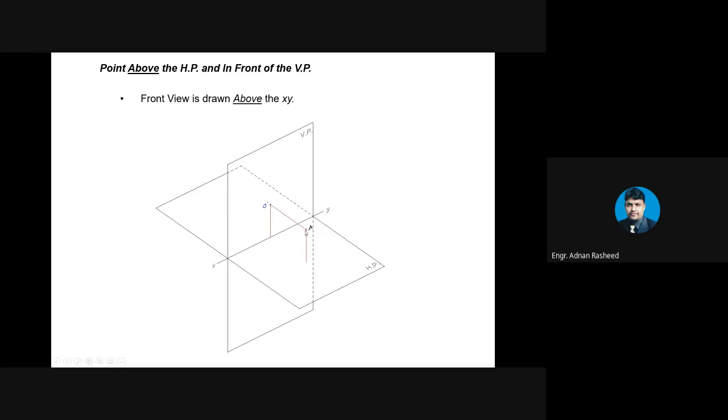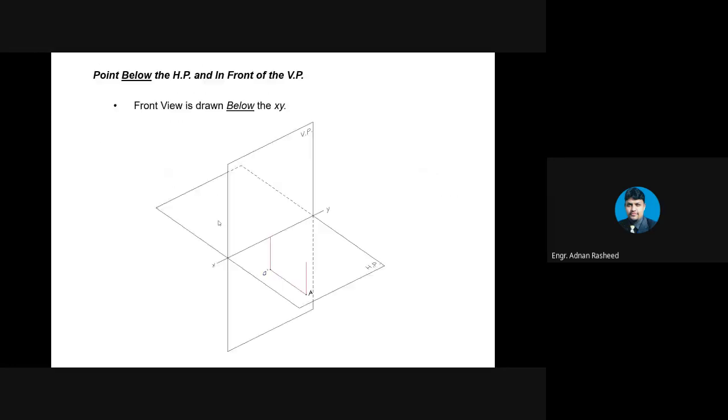So for example, if this point is 10 millimeter above the horizontal plane, in frontal view you will draw its frontal view 10 millimeter above the XY line. Similarly, if this point A is 10 millimeter below the horizontal plane, again the frontal view will be 10 millimeter below the XY line. These things will be clear to you in next few slides.